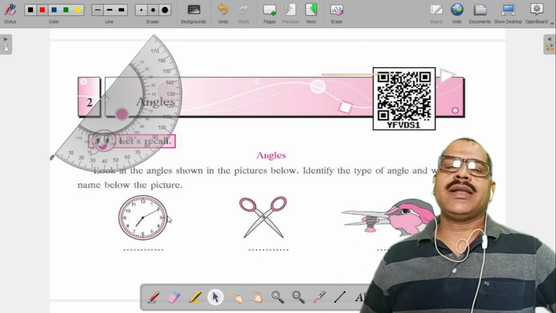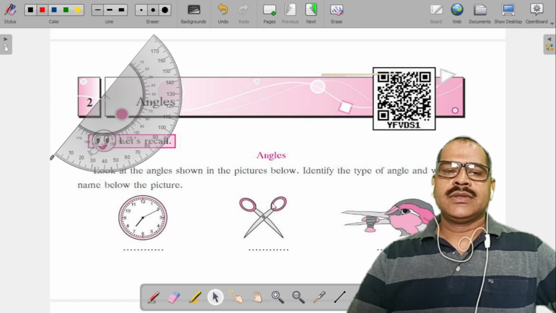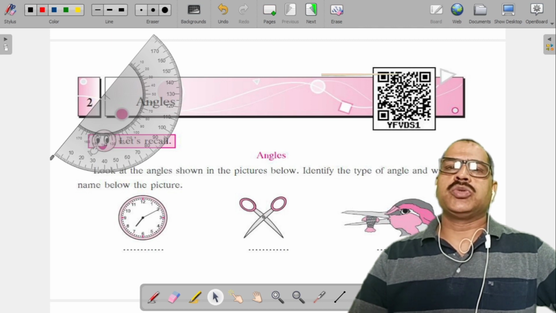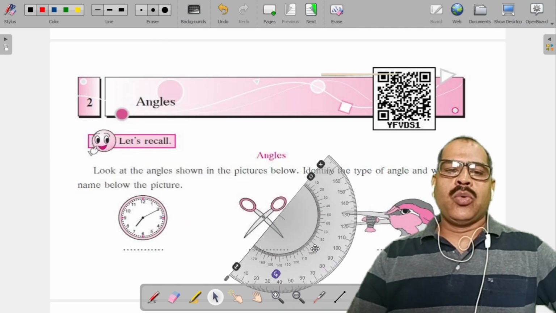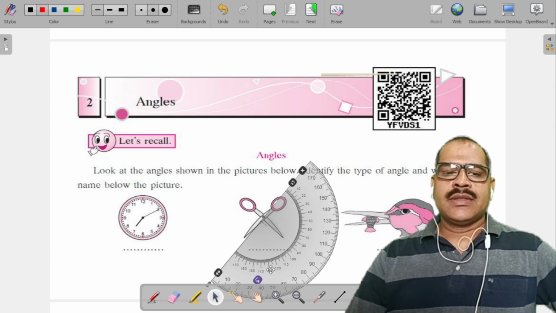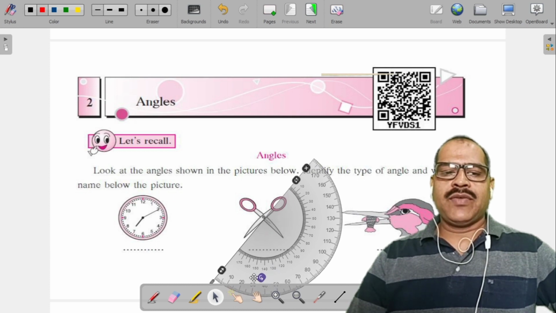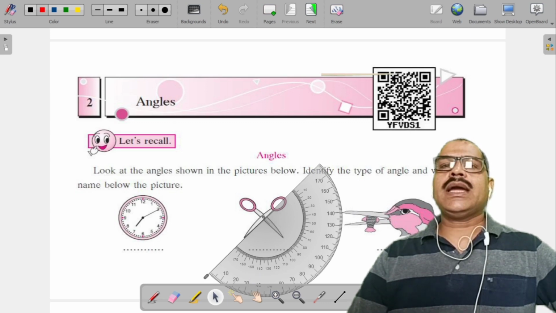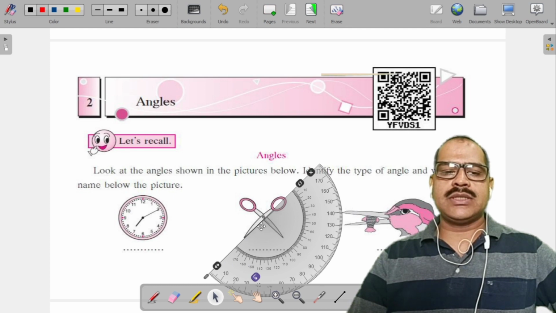This is the first type of angle. Now go to the second figure. This is nothing but a scissor. This is our vertex point and these are the 2 sides of the angle. Suppose we keep the reference point on the vertex and match the reference line to one side of the angle in this way. Now I can measure this angle from this side because my one side is here, and that's why I measure from the outer scale of the protractor: 10, 20, 30, 40, 50, 60, 70, 80 and 90.